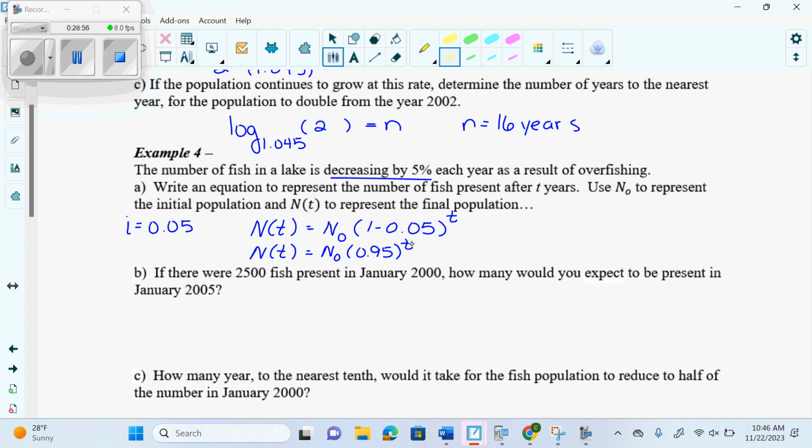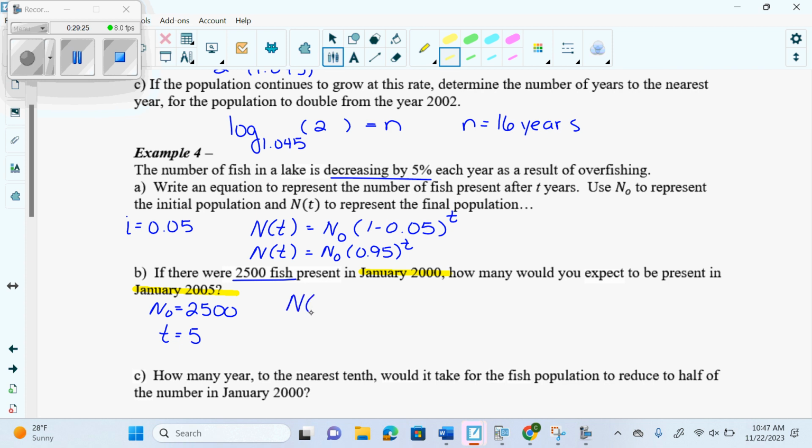Now here it says if there were 22,500 fish present in January 2000, how many would you expect in 2005? So this is N sub 0, my initial. What else did they give me? And January to January is easy. So t equals 5. And they're making us find N of t.